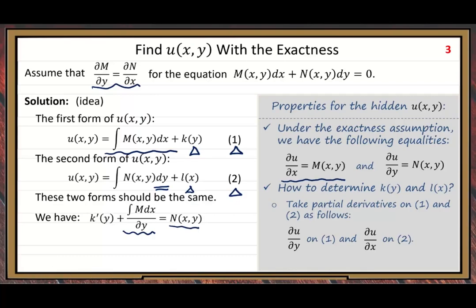Remember our assumption, that's the assumption of the n function, partial u over partial y. Because the m function is known, this partial derivative is also known, which means the k prime function is known. Can you find the k function? Although with some constant.